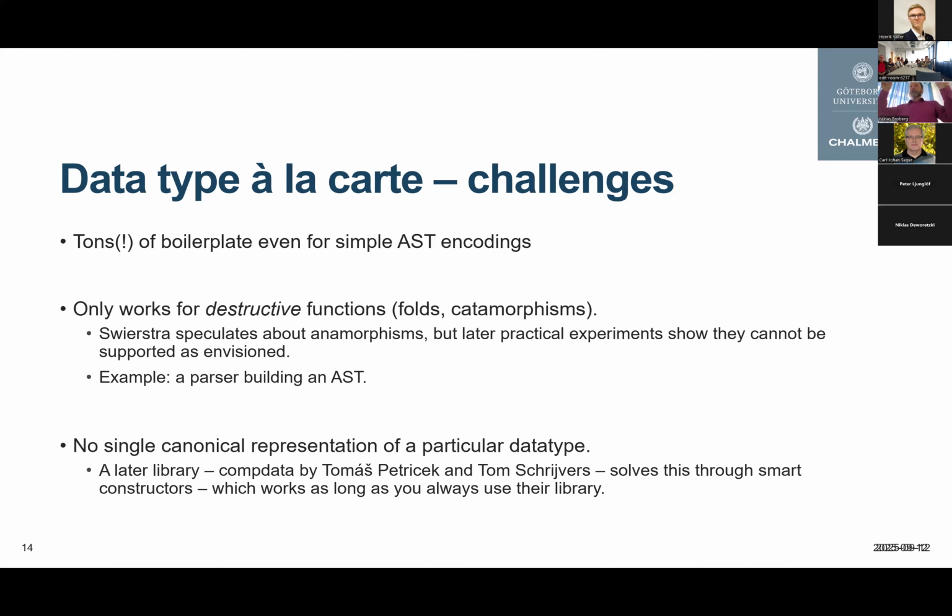But you could, if you've built one set of variants, let's say containing literals and addition, and then you want to add another one which introduces multiplication and negation, and then you want to combine these two.